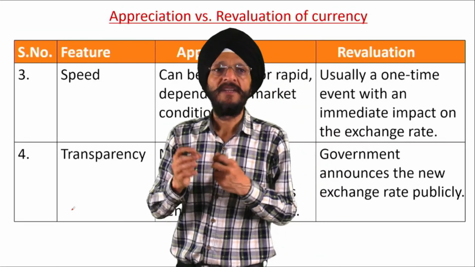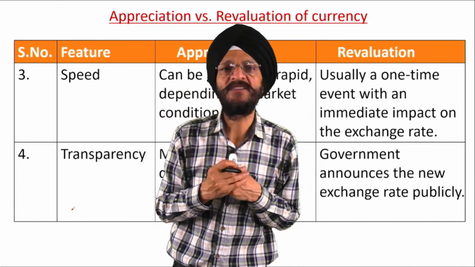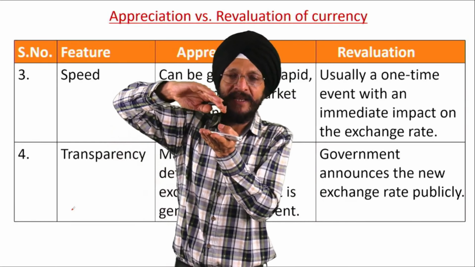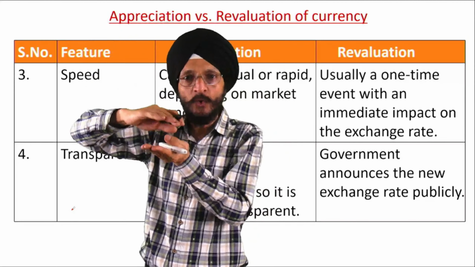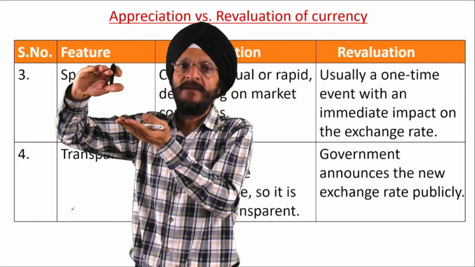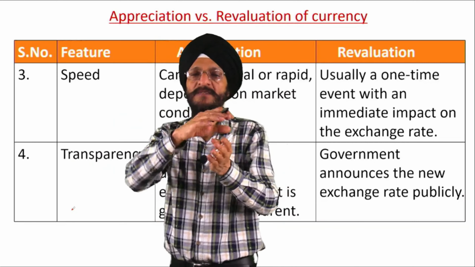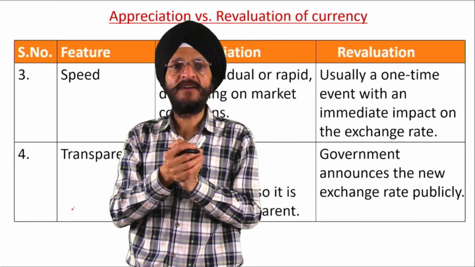Next is speed. In the case of currency appreciation, the speed of increase in the value of the currency may be slow or rapid depending on the market conditions, that is, due to demand and supply or the economic outlook of the country.